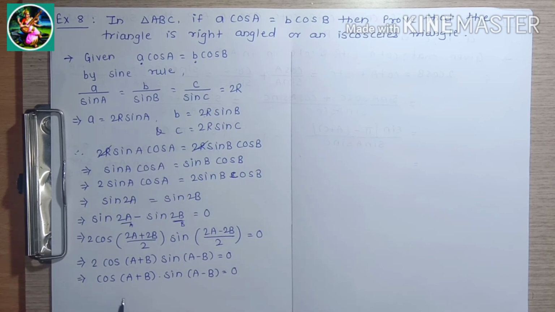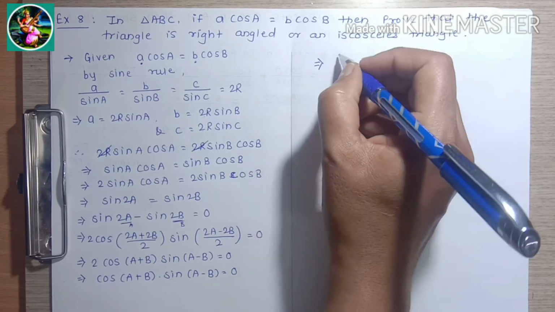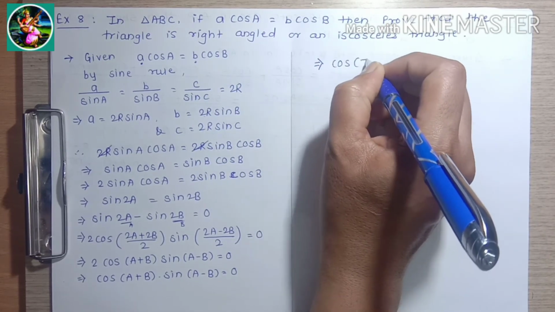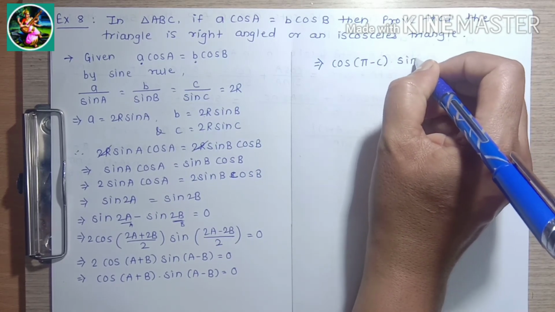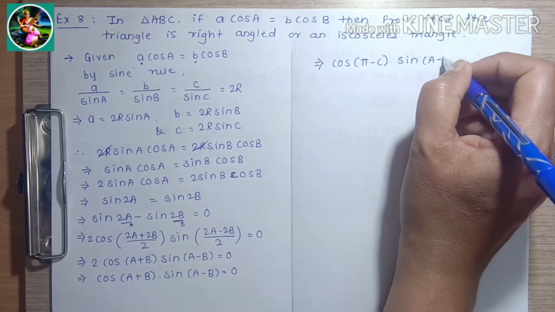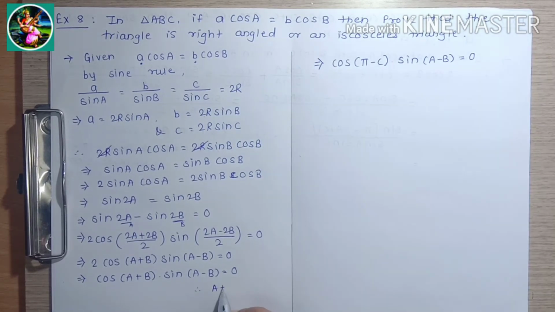That cos of (A plus B) becomes cos of (pi minus C) into sin of (A minus B) equal to 0, because A plus B plus C is equal to 180 degrees, that is pi.